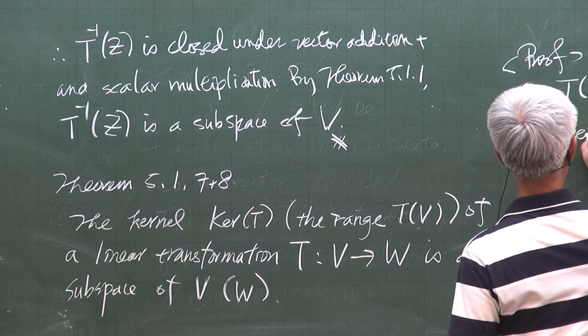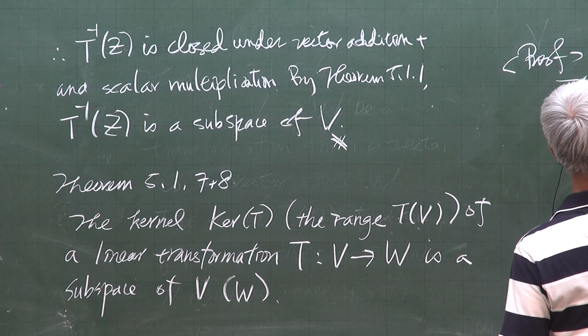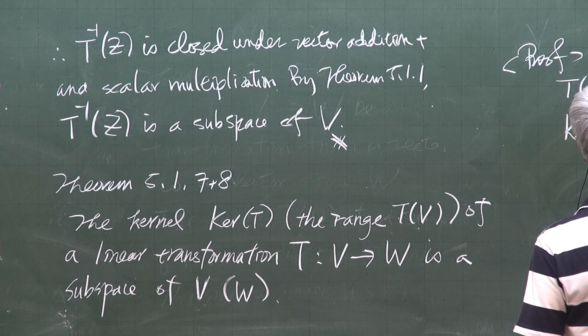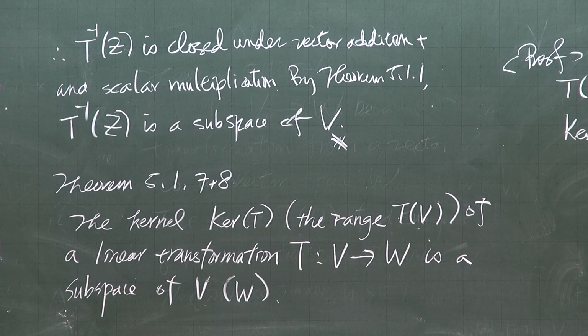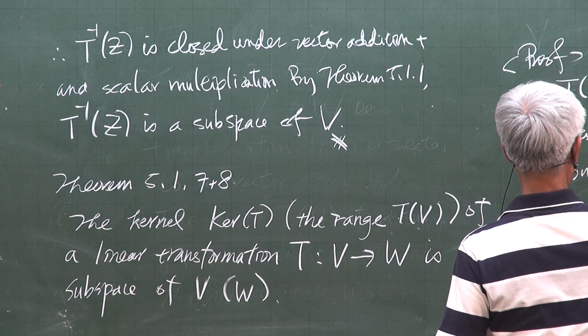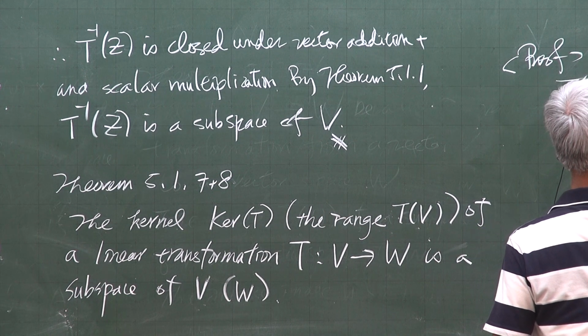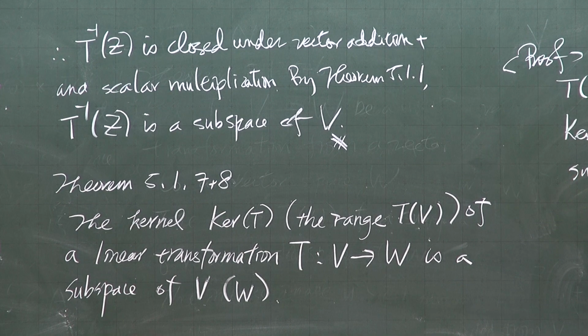And the kernel of T is what? It is the inverse image of the zero vector of W. It is the inverse image of a subspace of W. Because if we consider only the zero vector, this subset consists of only one vector, which is 0.